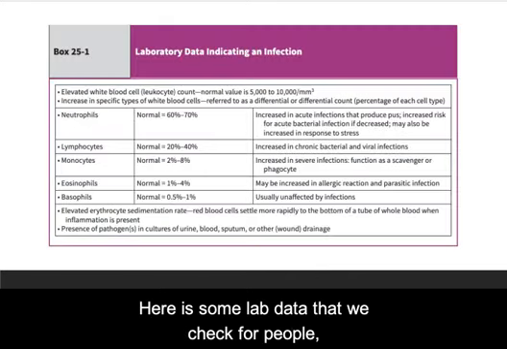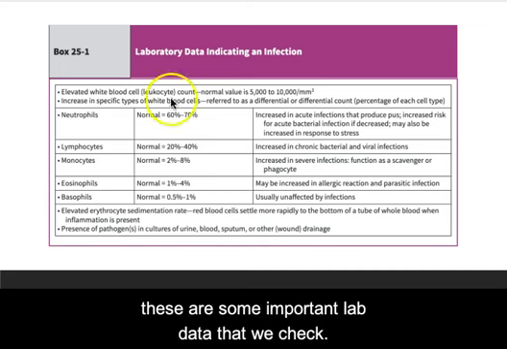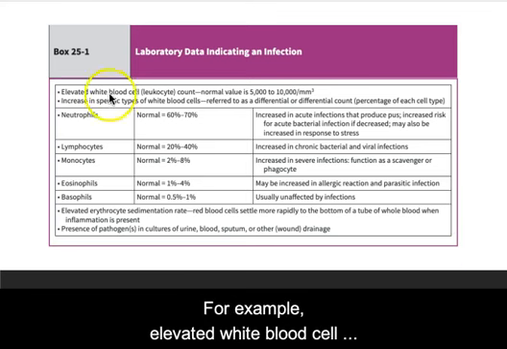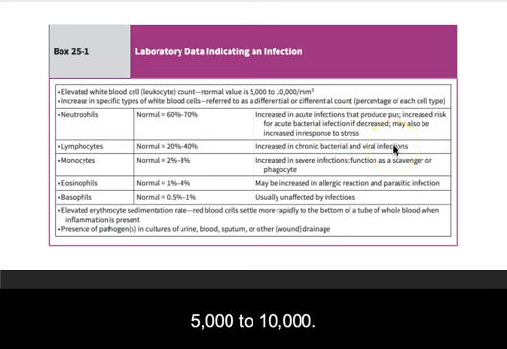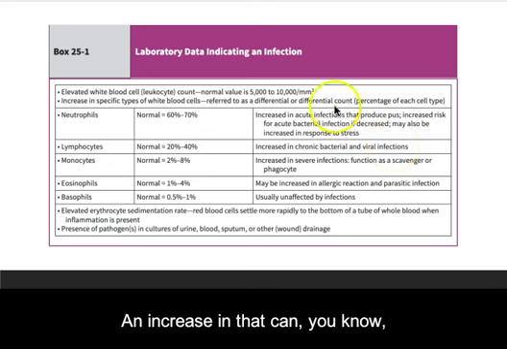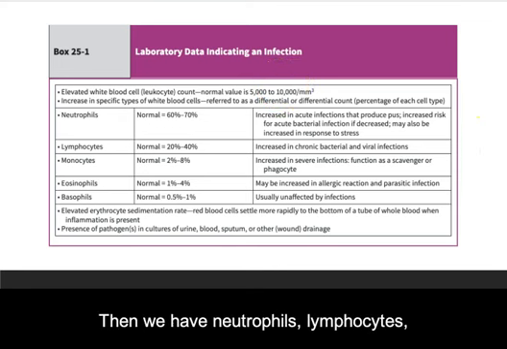Here is some lab data that we check for people when they have an infection. These are some important lab data that we check. For example, elevated white blood cell counts, normal values between 5,000 to 10,000. An increase in that can indicate an infection. Then we have neutrophils, lymphocytes.